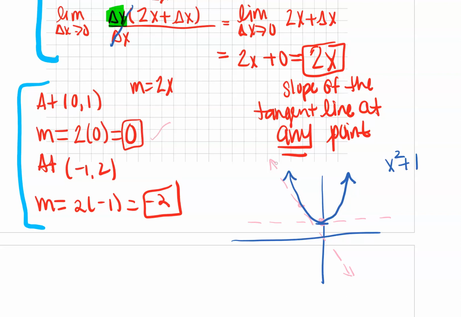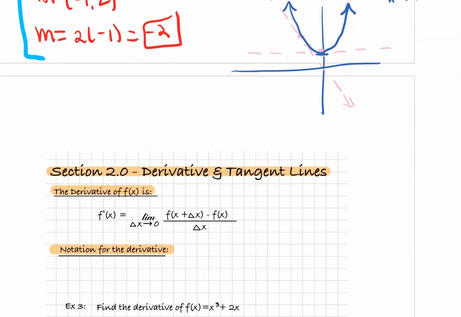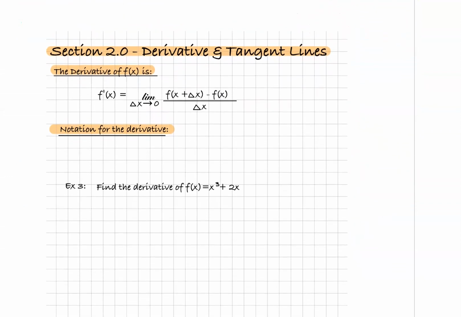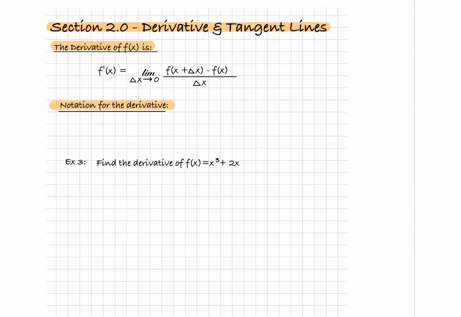Now, life does get harder as we move on from here, but before we move into that, I want to go ahead and define something. This gives us one of the big main concepts in calculus, and it's something known as your derivative. The derivative of f of x is actually equal to what we just worked with.